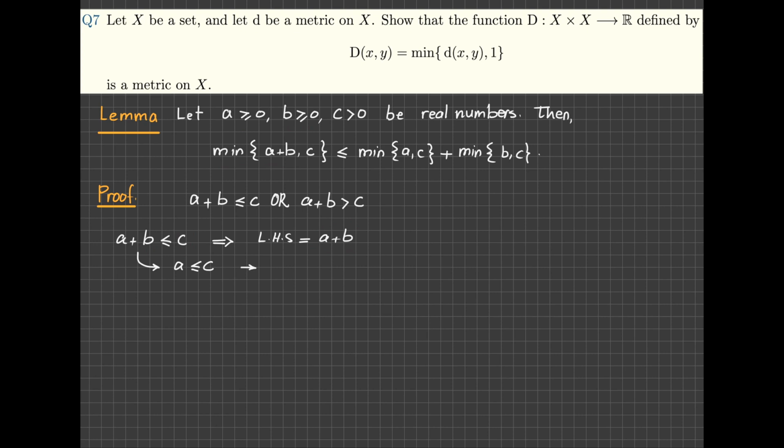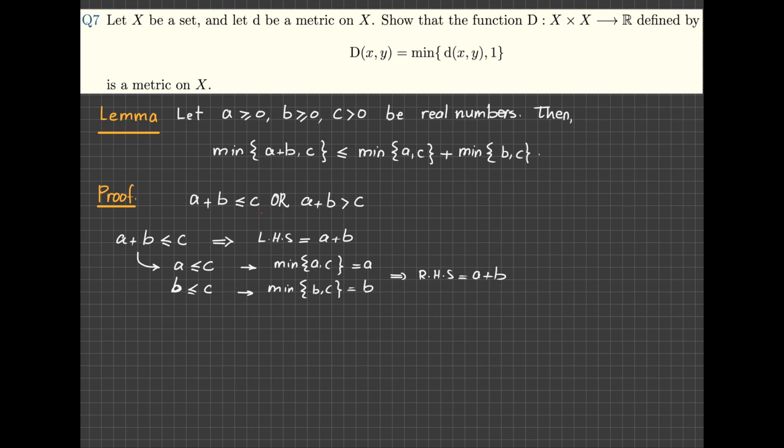In that case, if I ask you what is the minimum of A and C, the answer is simply A. And of course, for the same reason, B is also less than or equal to C. And if I ask you what is the minimum of B and C, then you will tell me this is B. And then the right-hand side becomes equal to A plus B. Okay?